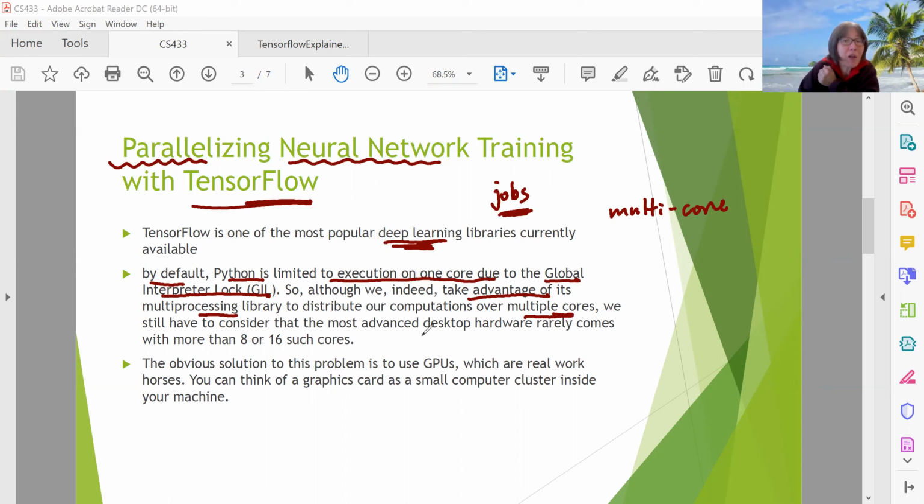But the desktop hardware rarely comes with more than 8 or 16 cores. So even though you enable this jobs parameter in all of our previous learning models, like SVC, logistic, those models, it still has limits, because in the real world, the data size is huge.